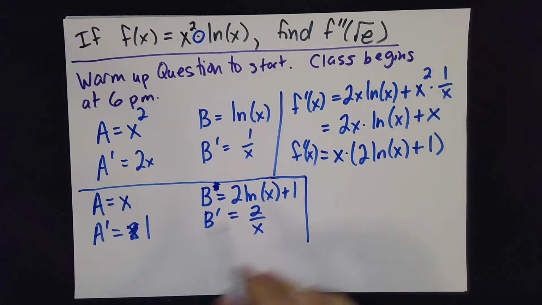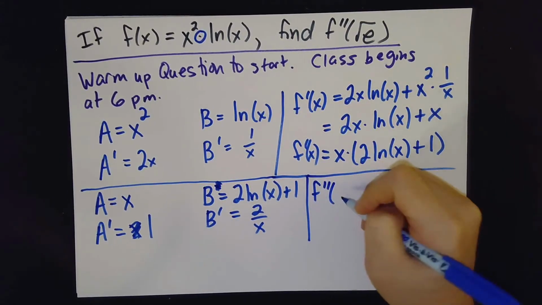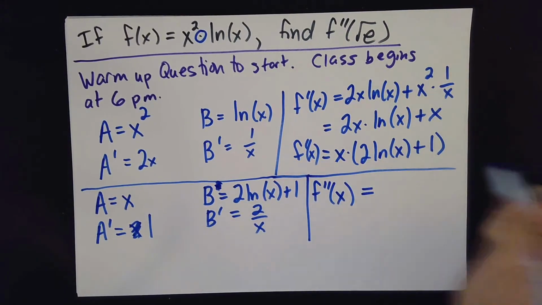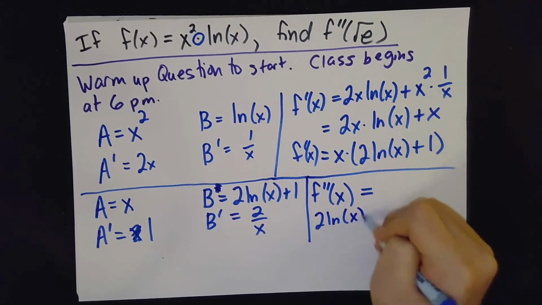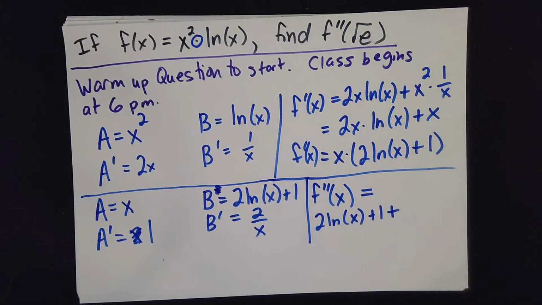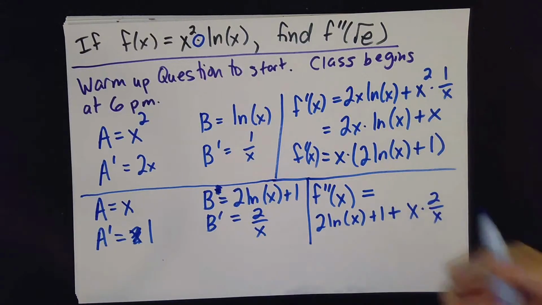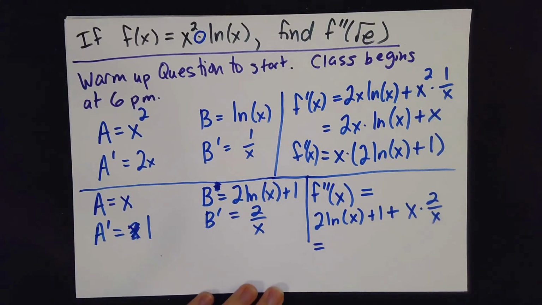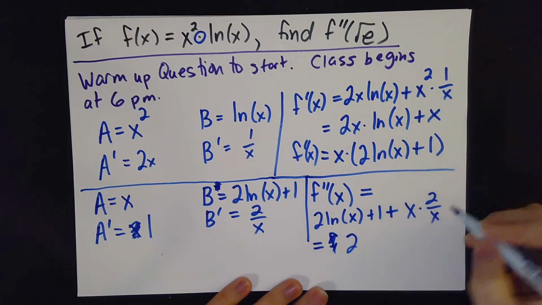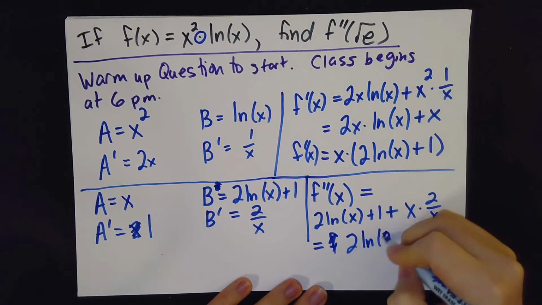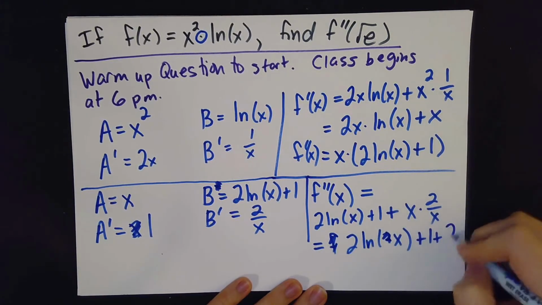And so if I now work this out, you get that f double prime of x here is 1 times 2 log x plus 1, plus x times 2 over x. Which is to say that f double prime of x is twice the natural log of x plus 1 plus 2.